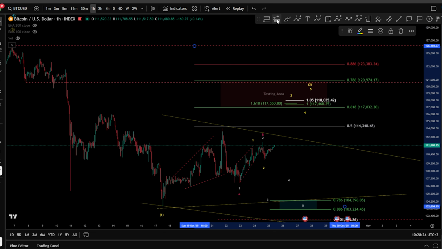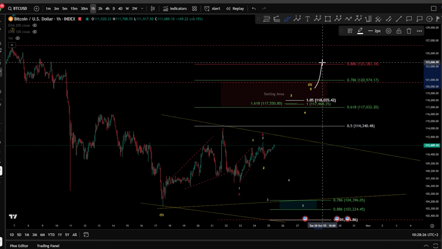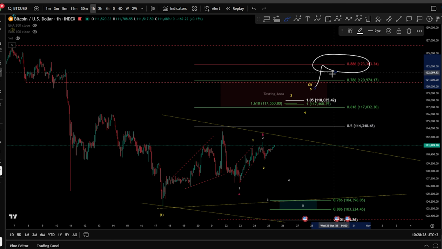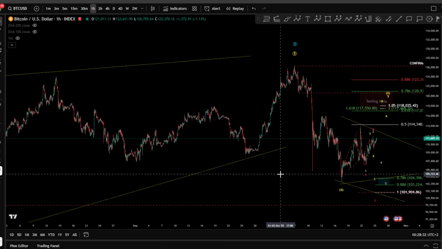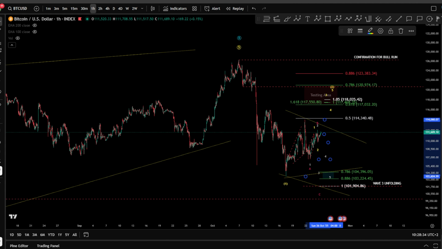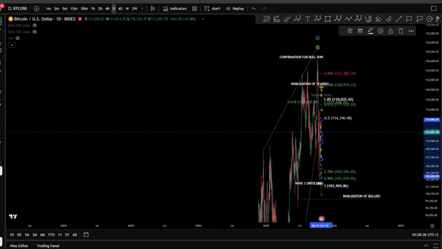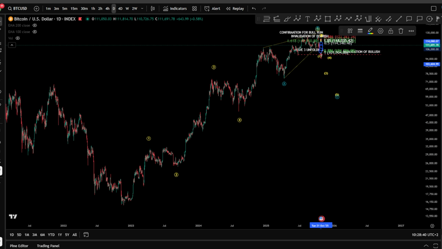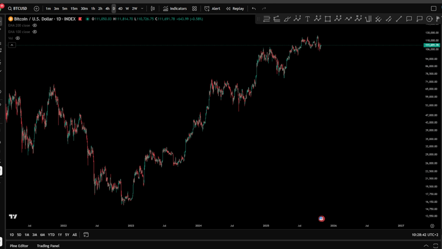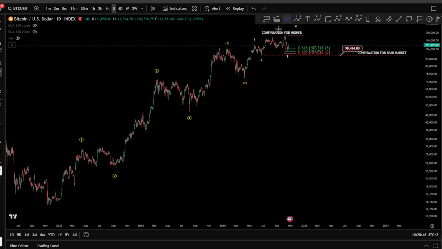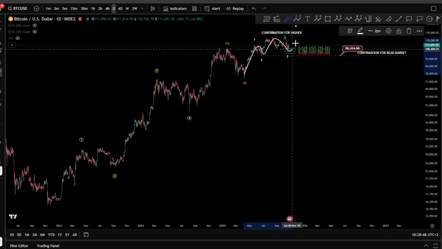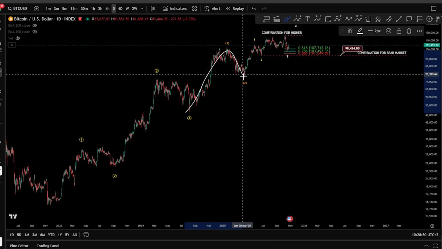Now, if we see this broken toward the upside, taking the 886 here, therefore, yes, we can very likely be in something very bullish, which is the ultimate bullish scenario that can be unfolding over there, that I just showed on the daily here, which is this one. Yeah, the ultimate bullish can be another double 1-2 here. So you have 1-2, 1-2, and we move higher after a large 1-2.